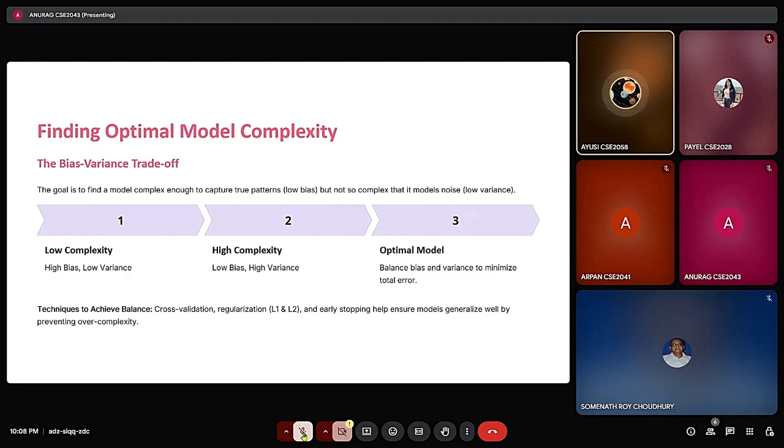In the middle, the optimal model is one that strikes a balance between bias and variance to minimize the overall error. We can achieve this balance using several techniques such as cross-validation, regularization like L1 and L2, and early stopping. These methods help ensure the model generalizes well and prevent it from becoming overly complex.